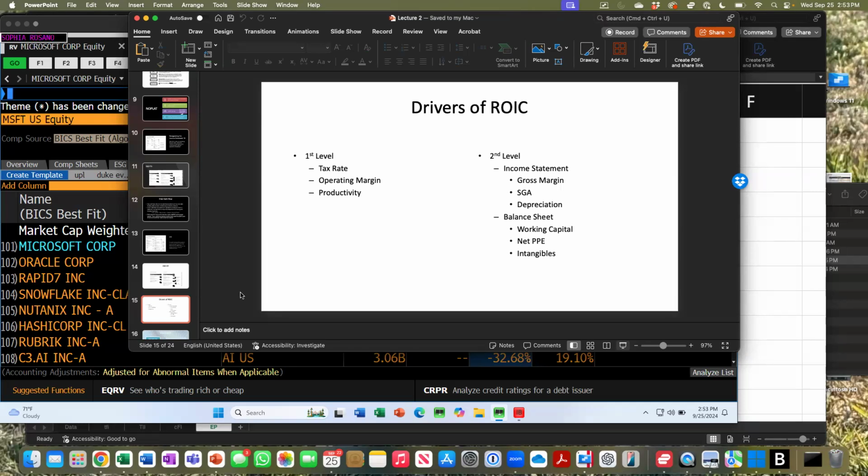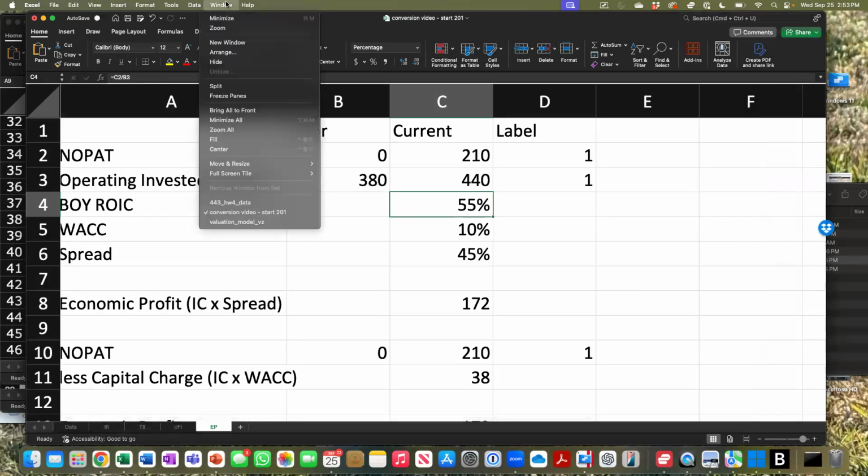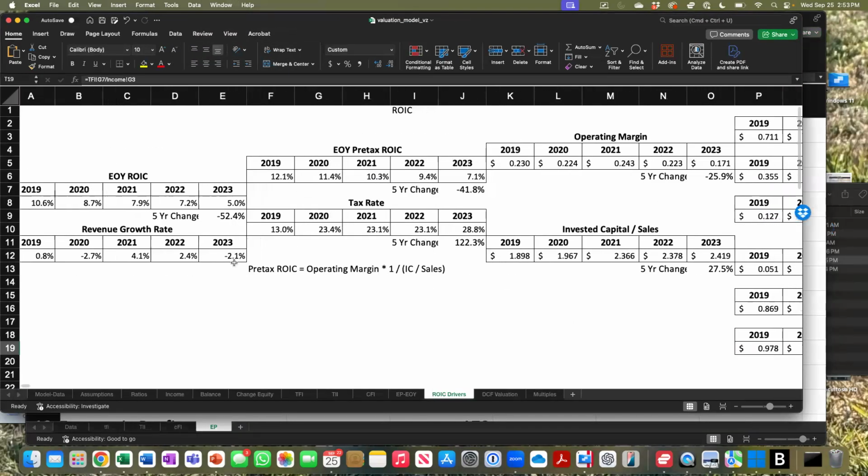So I'm going to give you a very real world example here. So here is an ROIC tree for a company called Verizon. Okay. So this is next week's homework assignment. Won't be on Verizon, but this is what we're going to get into next. Once we've converted to operating ROIC, this is based on end of year data, EOY, right?